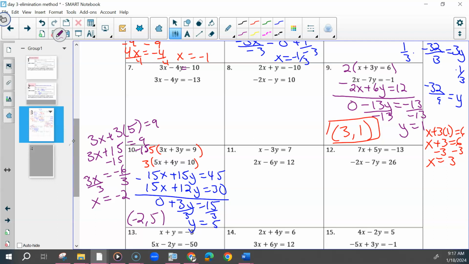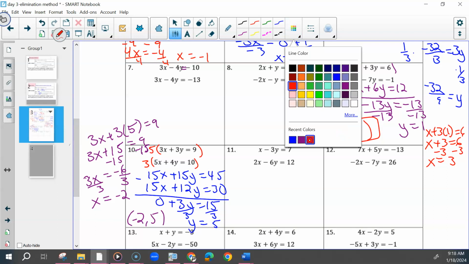We do have common coefficients here. Do we want to eliminate x or y? You guys choose. Okay, so if we're eliminating x, will we add or subtract? Subtract.